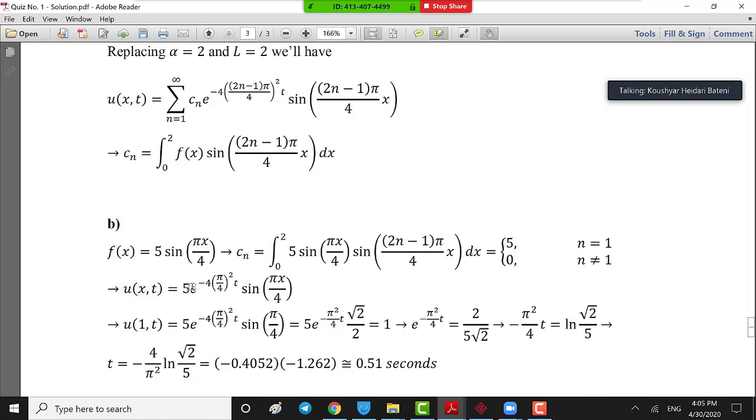So we want to find the t that u at 1 and t, which is equal to this, becomes equal to 1.